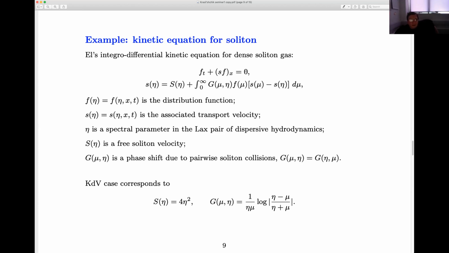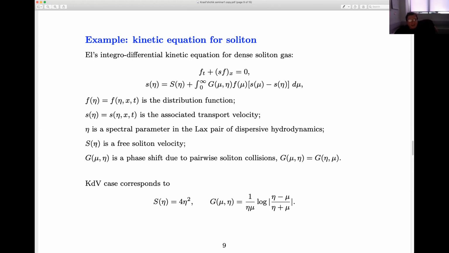This is the first equation. It's an integral differential equation, right? And also there is this integral differential equation, right? Here there are parameters. S of eta is just the free soliton velocity, say the KdV soliton velocity. And G of mu eta is this, so S of eta appears here.